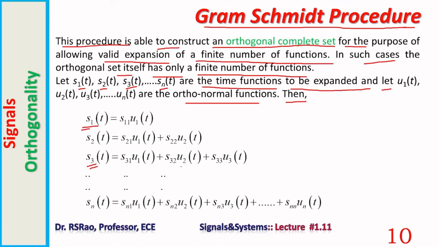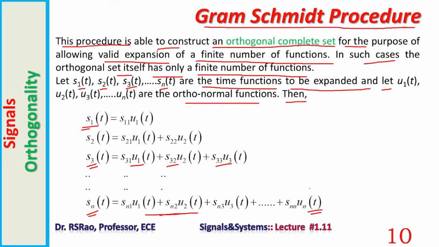S3, it consists of three terms. First one is S31 u1, second one is S32 u2, third one is S33 u3. Like that, nth signal Sn, it consists of n terms. First term is Sn1 u1, last term is Snn un of t. This is the expansion.